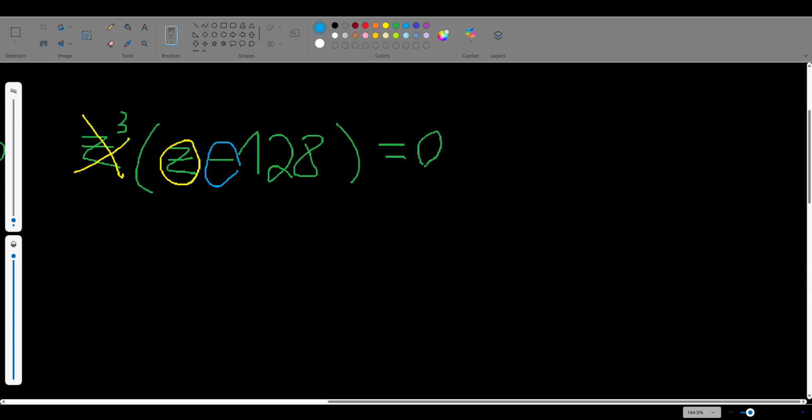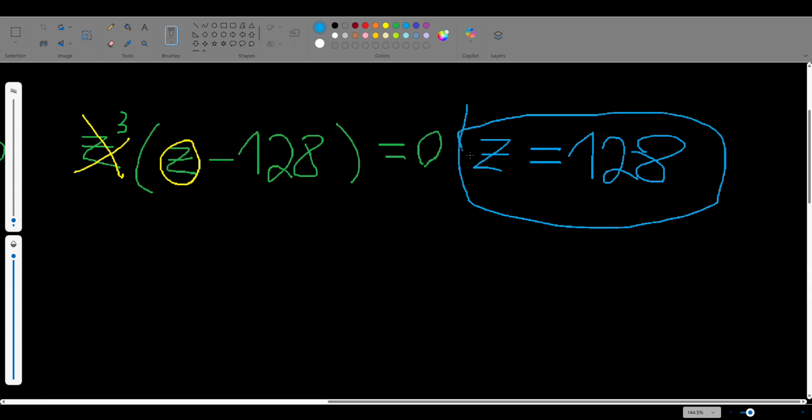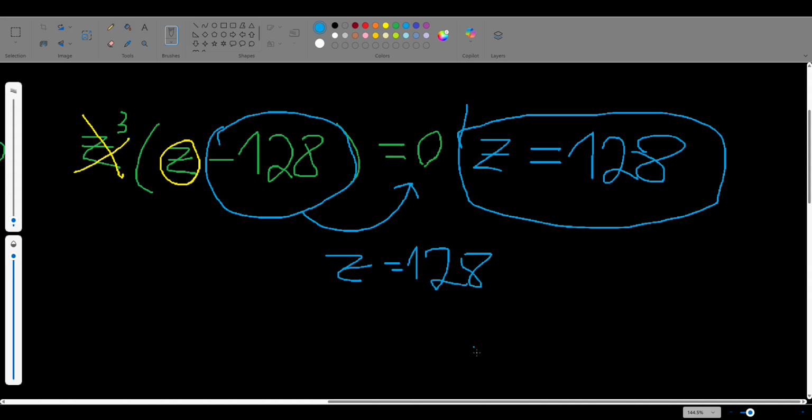If it's got a positive sign, it's going to be a negative. Let me show you. So we got z cubed is equal to 128. This is what we're going to use in our De Moivre's theorem.